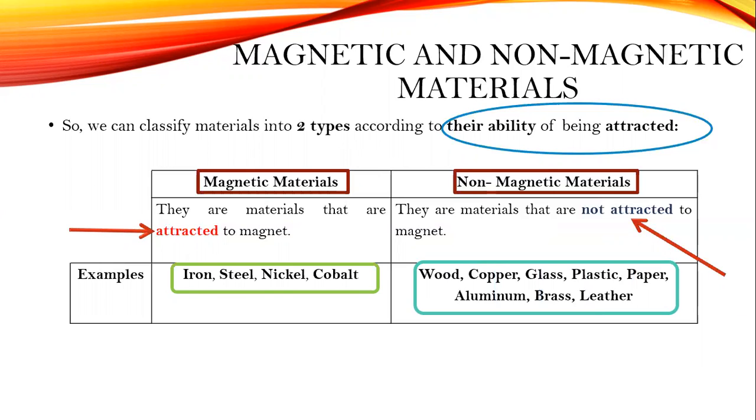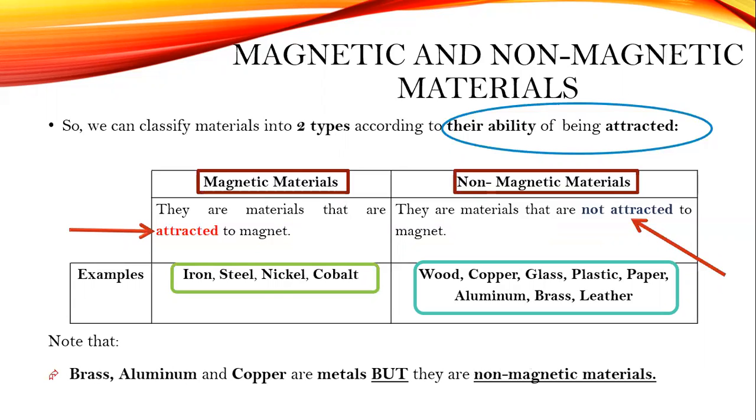In the examples of non-magnetic materials, there are three metals: copper, aluminium, and brass, but they are non-magnetic materials. Yes, of course they are metals, but they are non-magnetic materials.